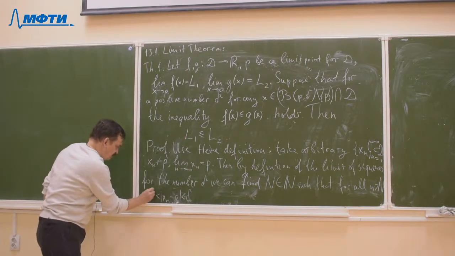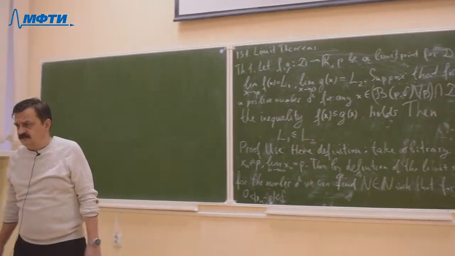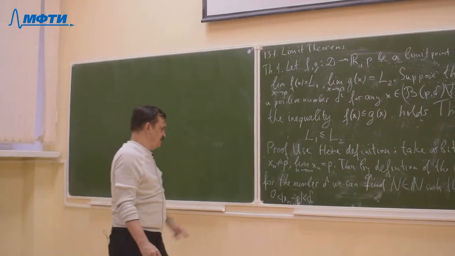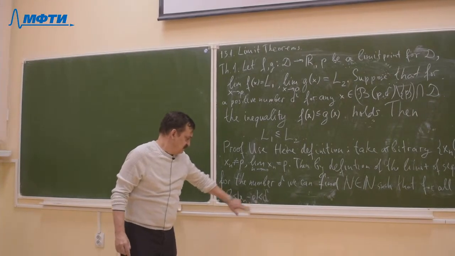Also, it is greater than 0 because xn doesn't equal p, right? Okay.